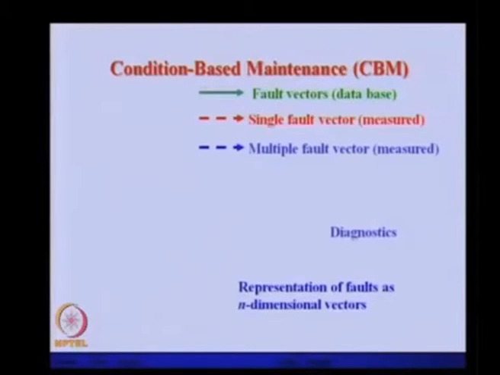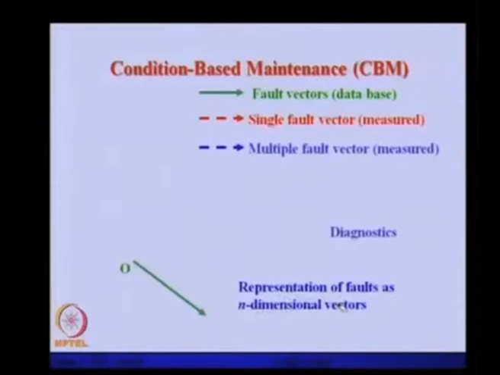In this particular case, we have collected various data from the machine, and let us say there are n number of such data. In mathematics we can represent those data as an n dimensional vector.